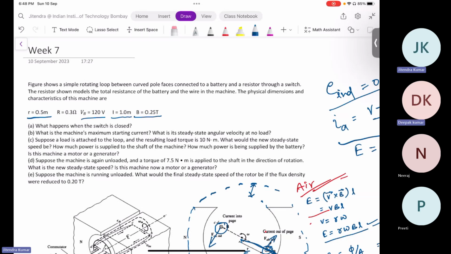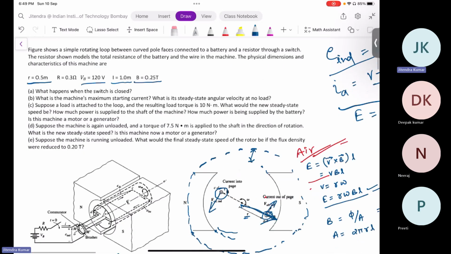Yes, sir, we can do this for simplicity. We know that when the switch is closed, current will flow from outside to inside, and it will act as a motor. And when the induced EMF surpasses the terminal voltage, it will act as a generator.